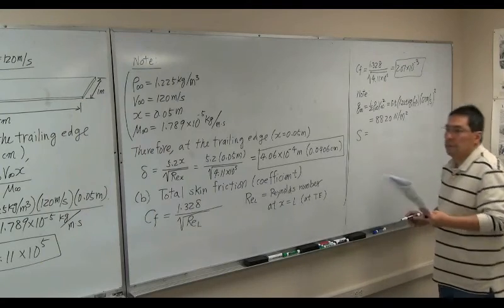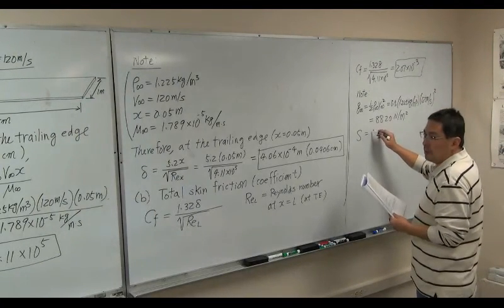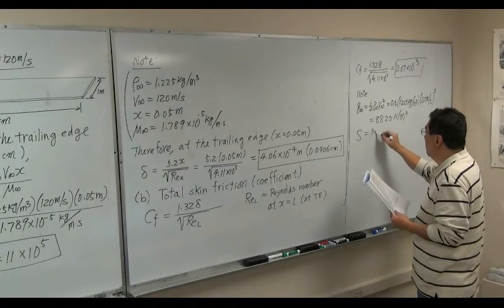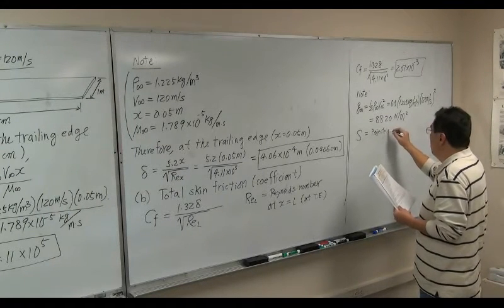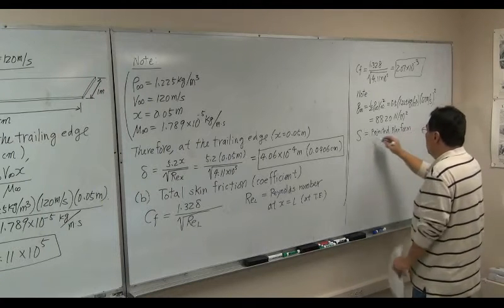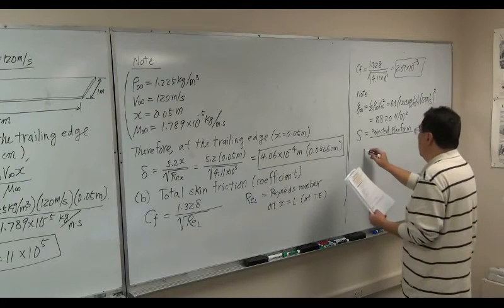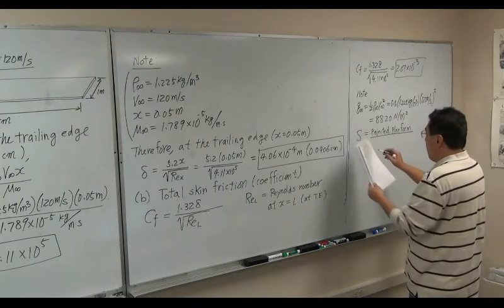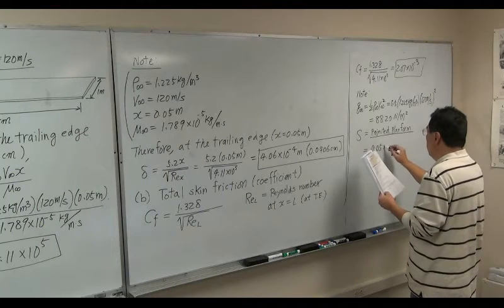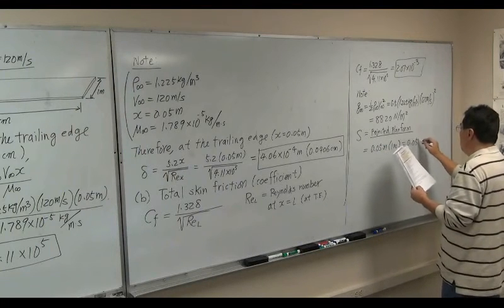Area S is something called projected planform. Let's remember the definition of projected planform from unit A5. So this is 0.05 meter times 1 meter, so this is 0.05 meter squared.